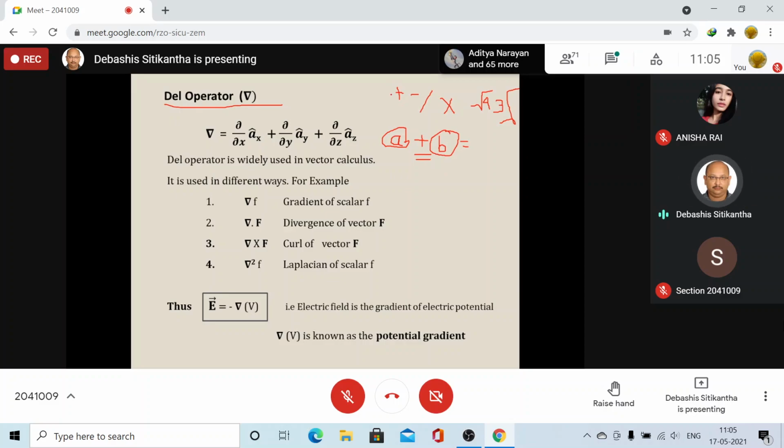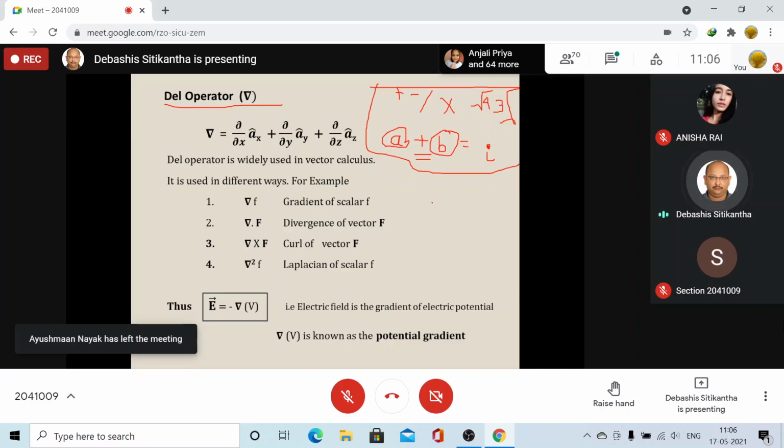Now obviously all these things that you have studied till now, that is plus, minus, division, multiplication, logarithm, exponential, cube root, then you have what we call the i operator. All these operate on scalar quantities. But there are certain operators which are meant to be operated on both scalar and vector quantities.